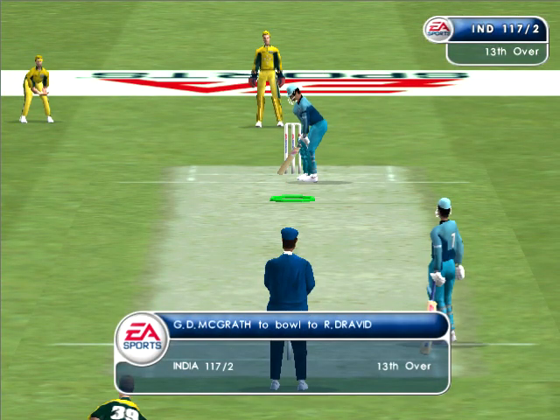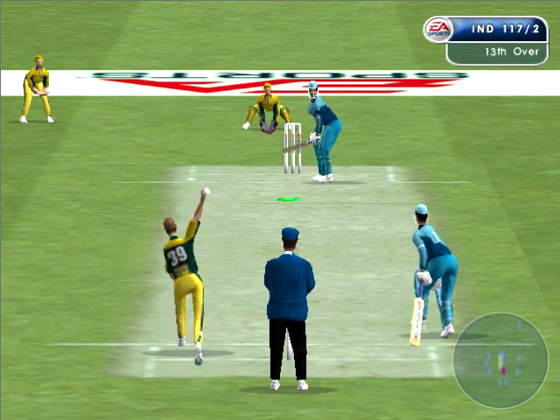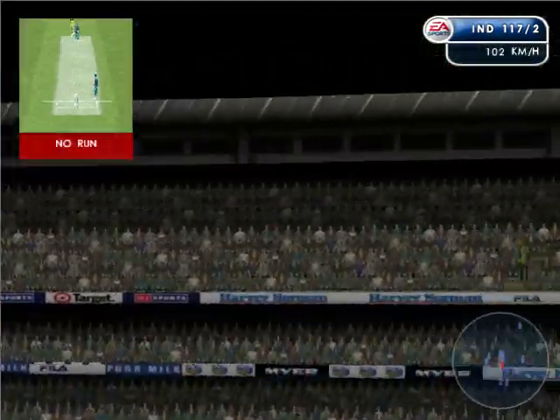Nine runs came from that over by Gillespie. Dravid facing. The required run rate is around 5.5 an over.